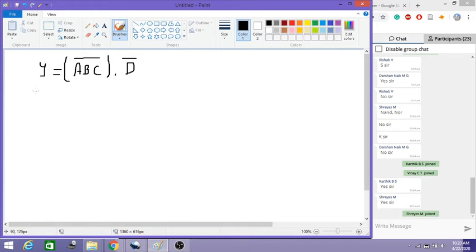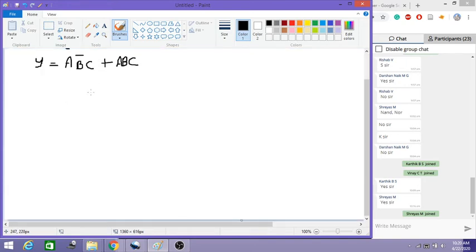Then we have one more: Y is equal to A, B bar, C plus A, B, C. Then Y is equal to, you take anything like this, (A bar plus B plus C) into (A plus B plus C).